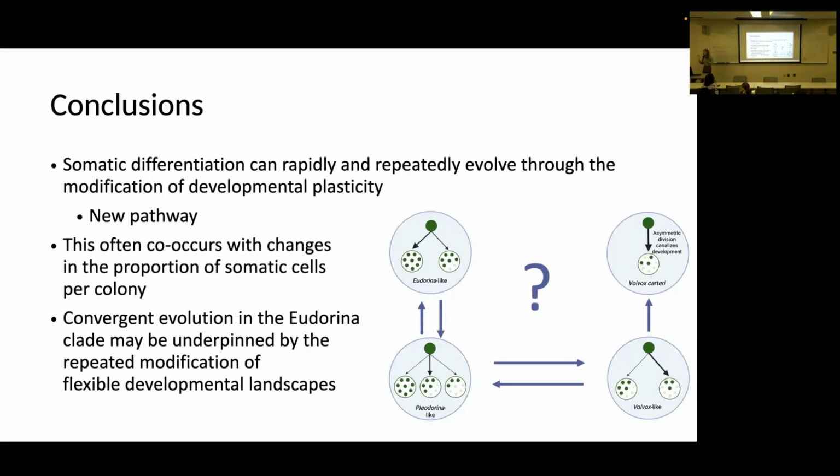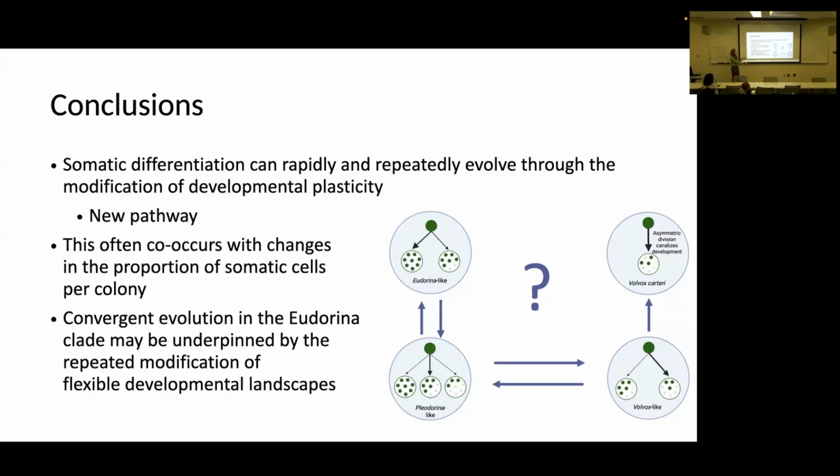Pleodorina has a wide array of morphologies that it can develop in response to different environments. It can increase the proportion of somatic cells in response to things like nutrient deprivation. We also see Pleodorina that have a really small proportion of somatic cells. We see some Pleodorina that have a proportion of somatic cells that's very similar to that of some Volvox species, like Volvox powersii.